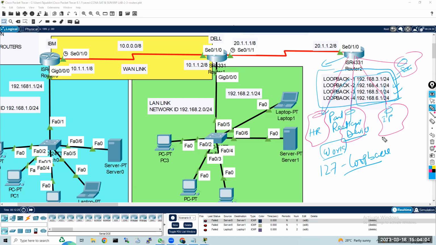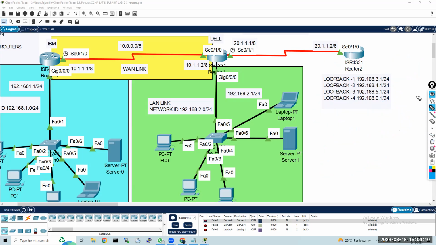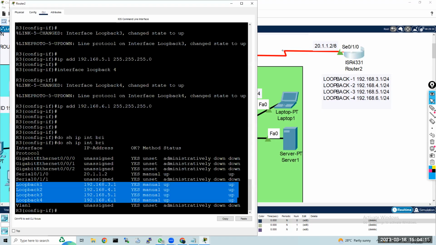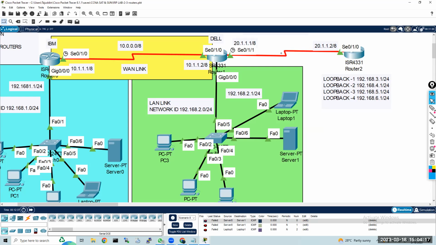As you know, this will never go down because it is a virtual interface. Your physical interface may go down at any moment. That's the reason we are creating the loopbacks now, because previously we did the RIP configuration using physical interfaces. Now we'll do it for the loopback, your virtual interface.